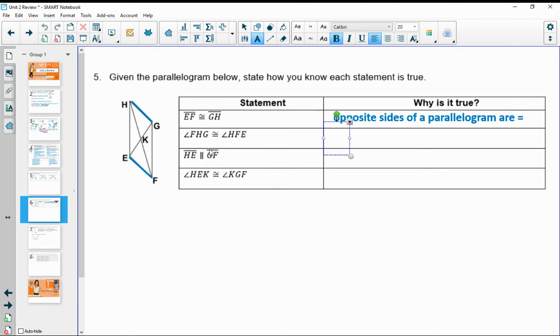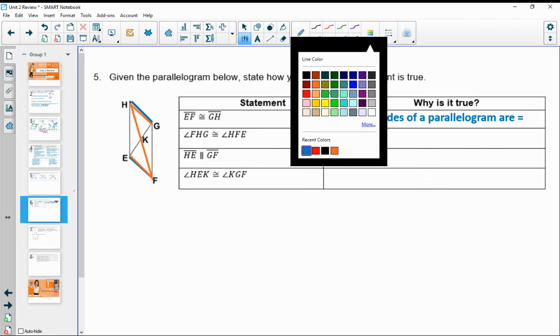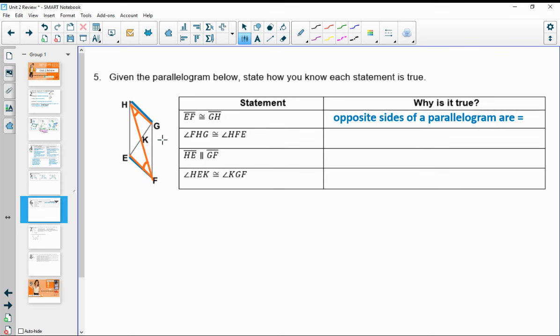How do we know that angle FHG, so this angle here, is congruent to HFE, so this little angle here? So we're looking at these two angles. How do we know those two angles are equal?